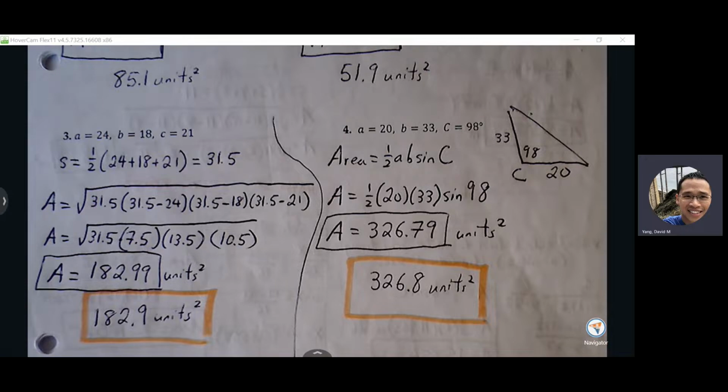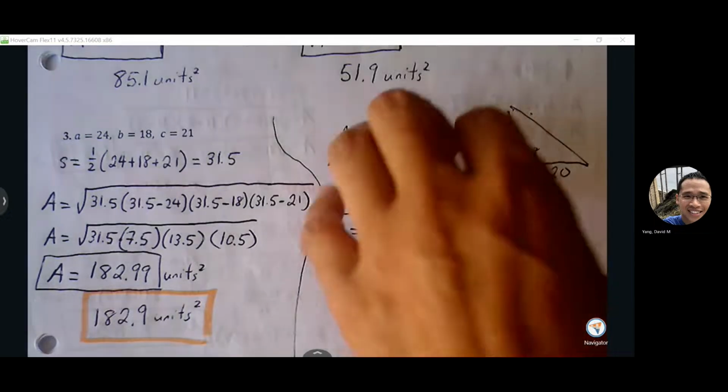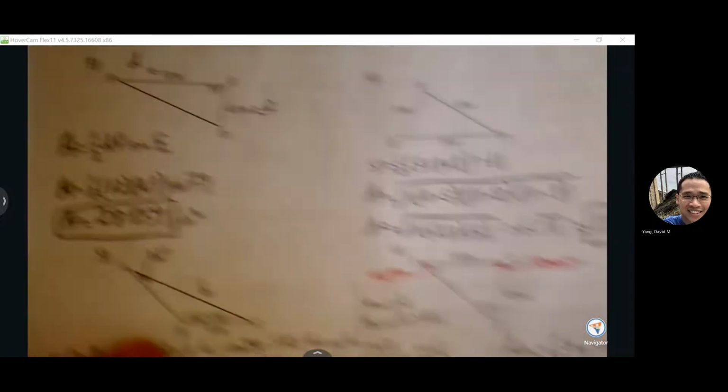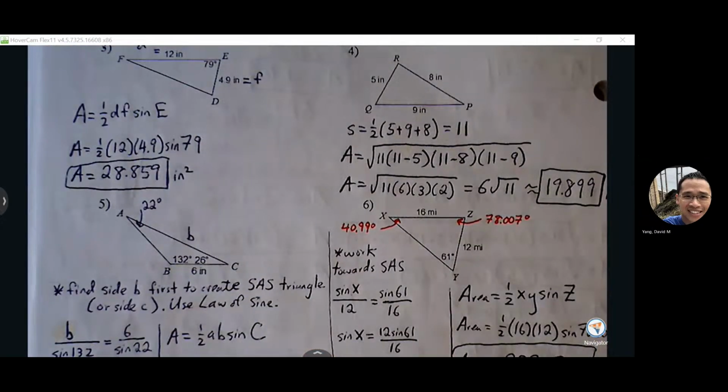If you're comfortable with the first page, go to page 20. I think 1, 2, 3, and 4 are pretty straightforward.